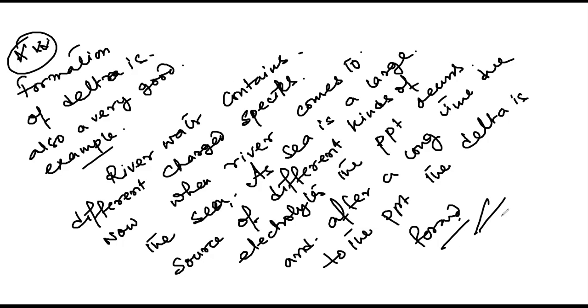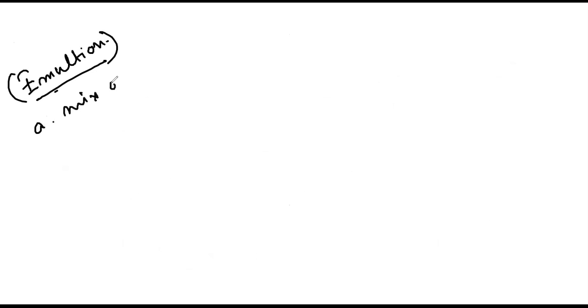Now we are seeing what emulsion is. Emulsion is a mixture of two non-miscible or immiscible liquids. Two immiscible liquids.